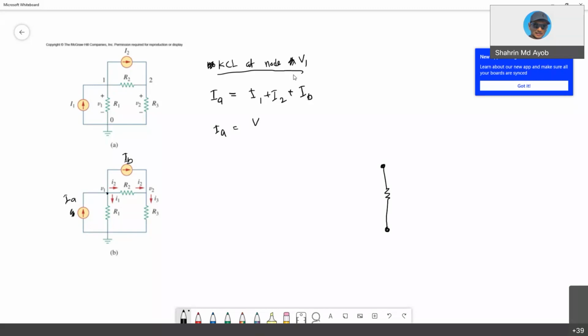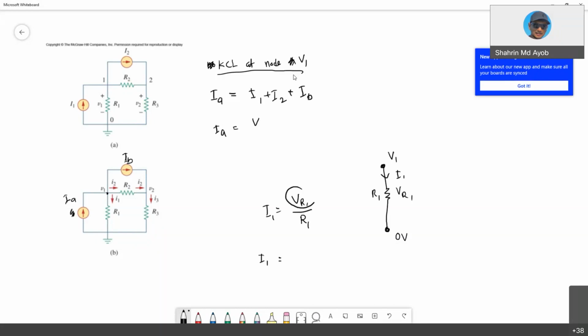This one is your V1 and this one is 0, and this is the voltage drop across R1.